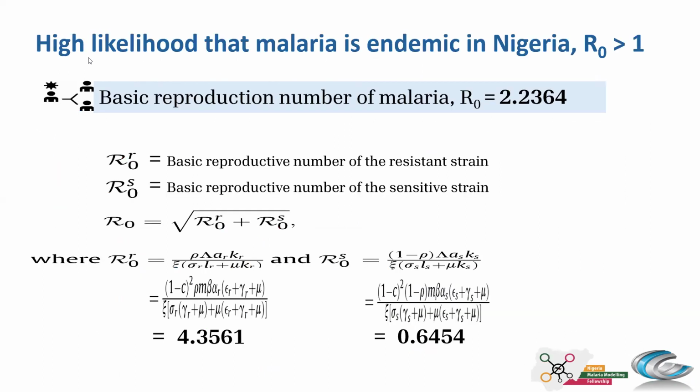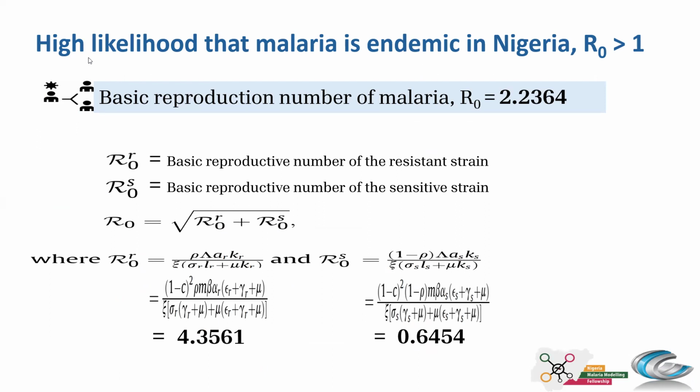Here we are looking at the basic reproduction number as calculated using the next generation matrix method. So the parameters that were derived following the fitting estimation, and also the other existing parameters were fitted into the equation.